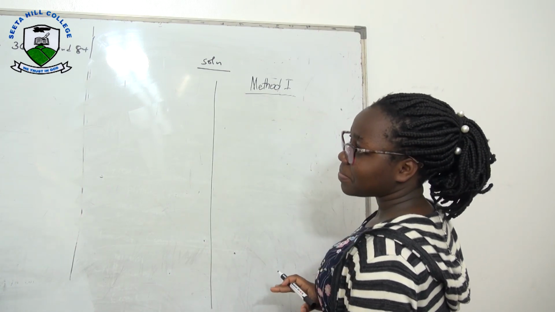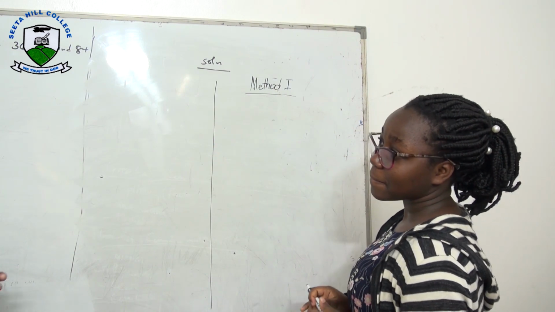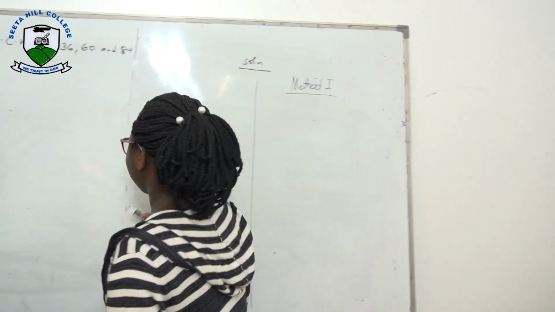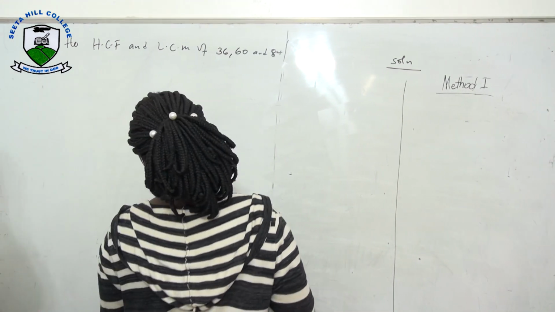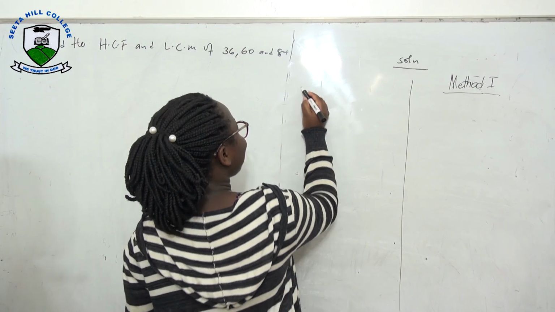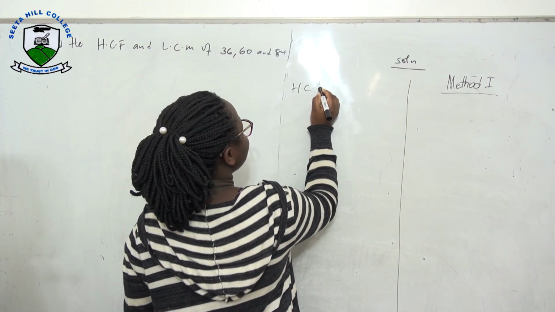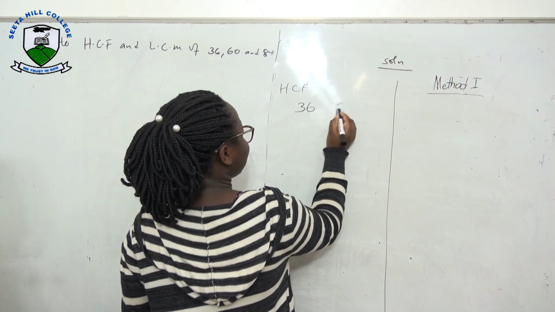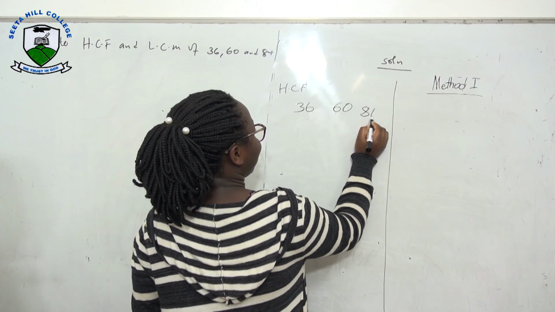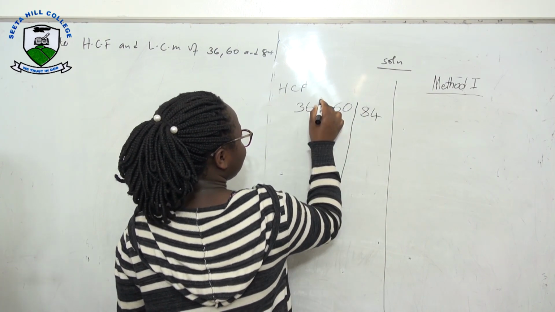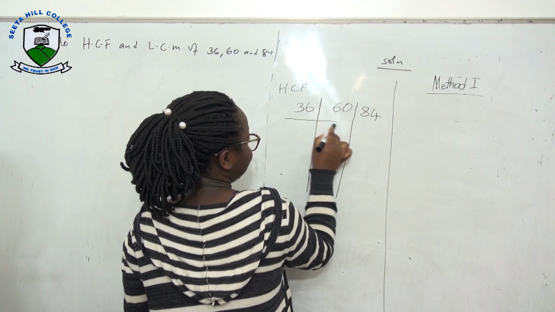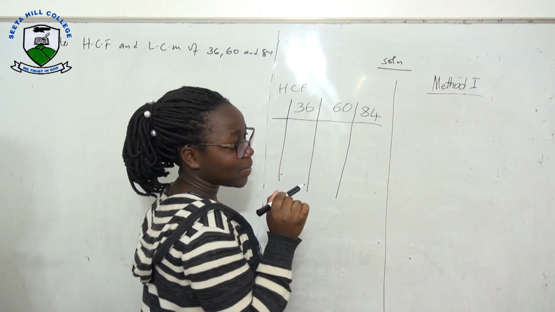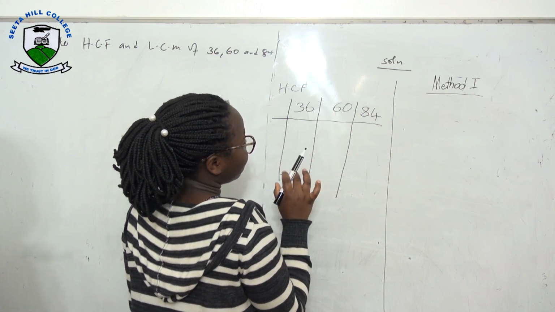Finding the HCF of 36, 60, and 84. Since it is HCF according to this method, you have to use one factor that can divide all without leaving any remainder.